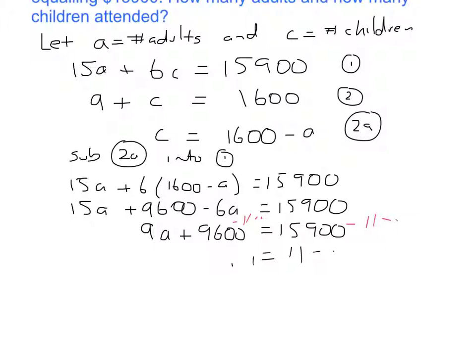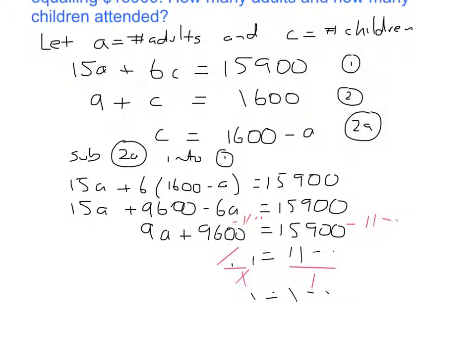Then we want to divide both sides by 9. Cancels that down, leaves us with A is equal to 6,300 divided by 9, which is 700 adults.